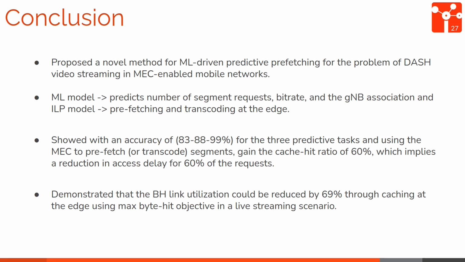They showed an accuracy of 83, 88 and 98% for the 3 predictive tasks, and using the MEC to prefetch segments gains a cache hit ratio of 60%, which implies a reduction in access delay for 60% of the requests. Moreover, they also demonstrated that the bandwidth link utilization could be reduced by 69% through caching at the edge using the max byte hit objective in a live streaming scenario.